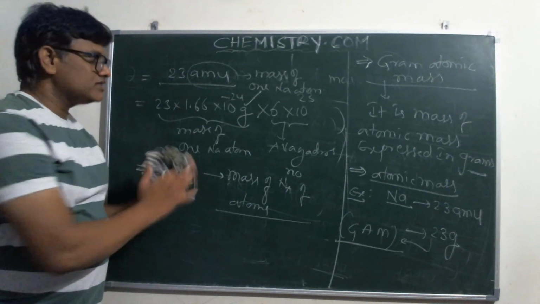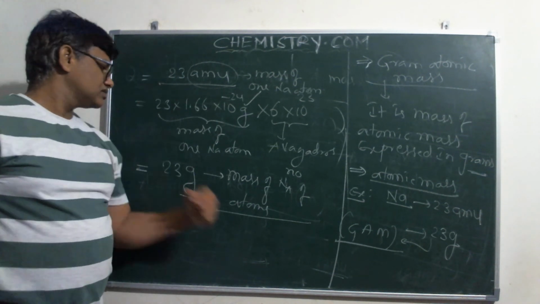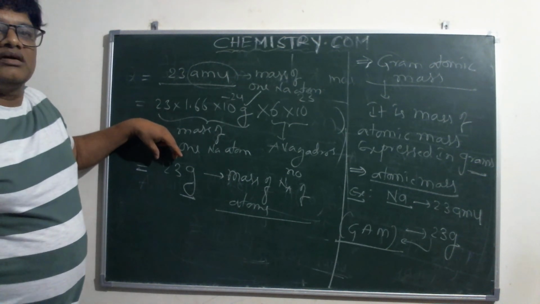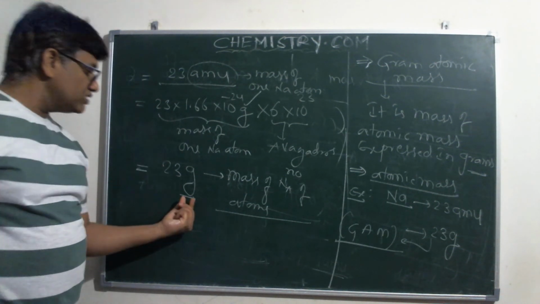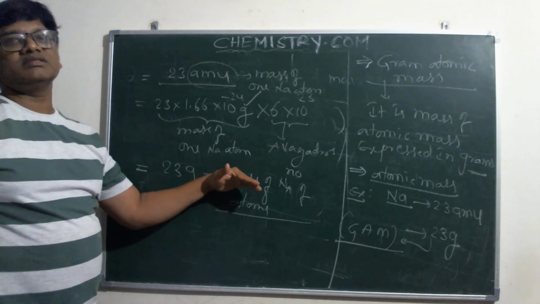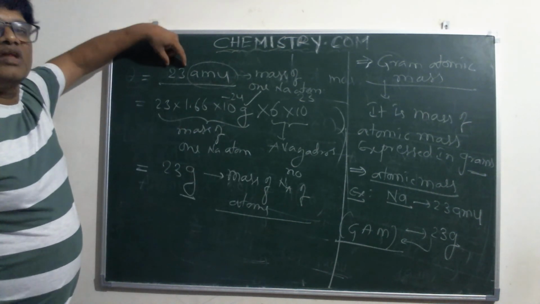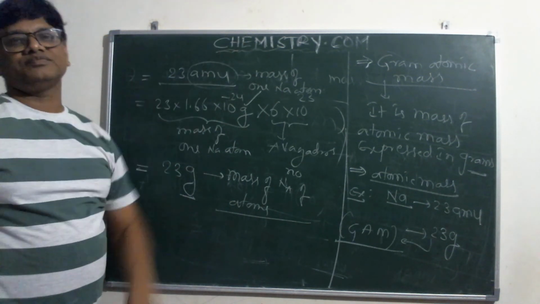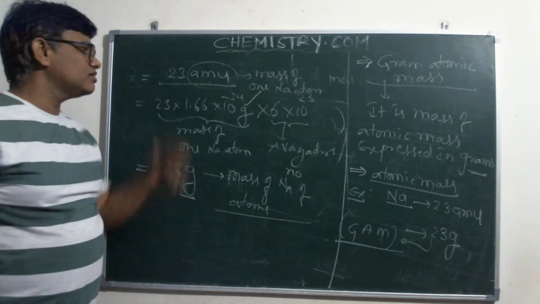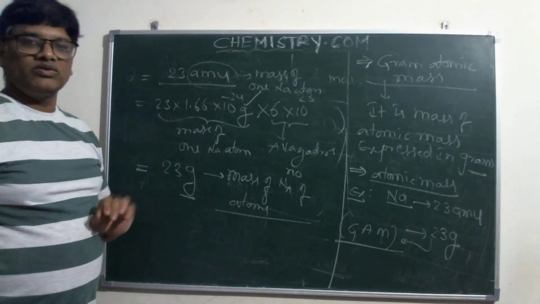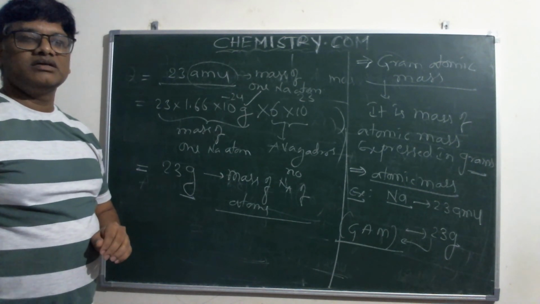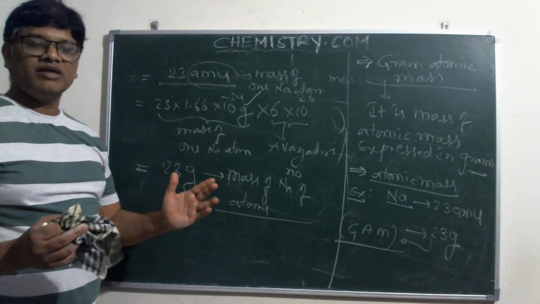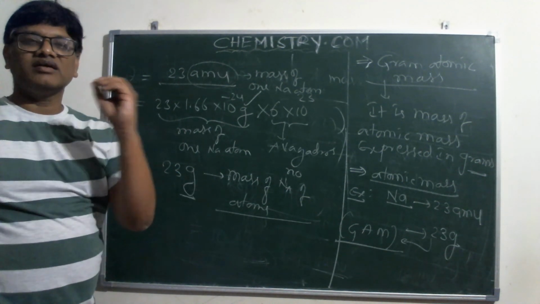This is the main difference between AMU and grams. If you express the mass number of any element in grams, that is gram atomic mass. If you take the mass number in AMU, that is the mass of one atom. This is the main difference between these two, and you have to keep it in mind always. So this is about atomic mass, average atomic mass calculations, and gram atomic mass.